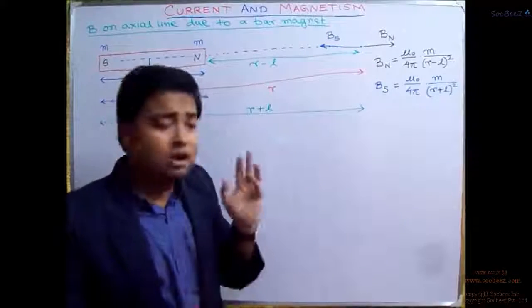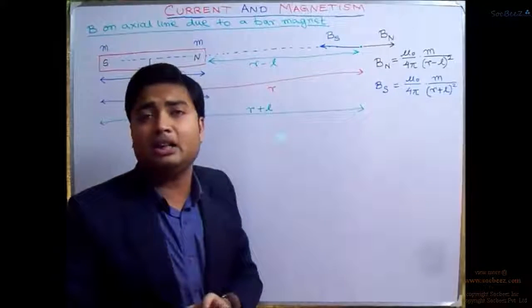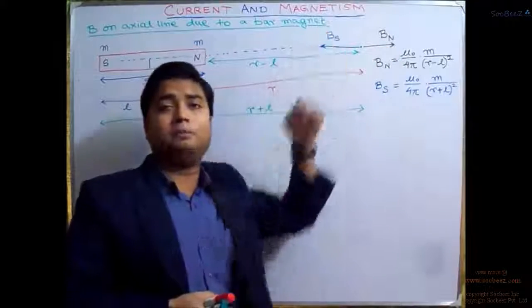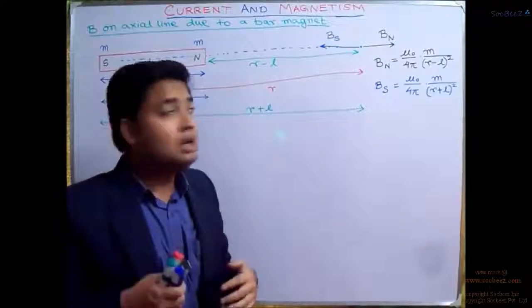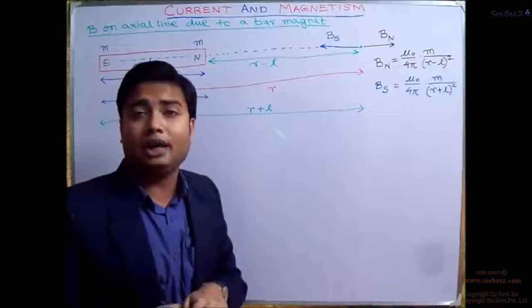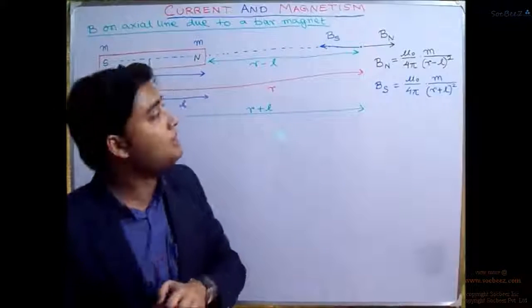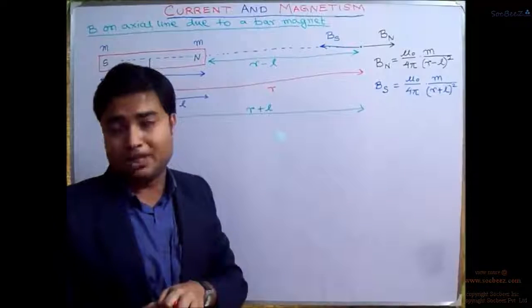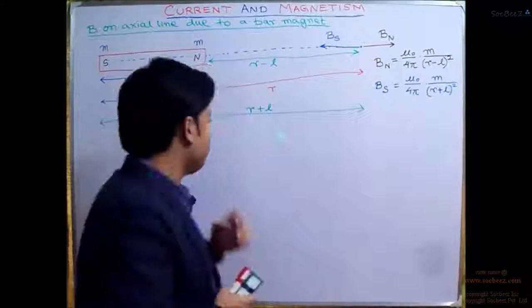Okay? So for the time being we are taking Bn minus Bs. We shall be understanding why we are taking Bn minus Bs and not Bs minus Bn, for simplicity, after we deduce it.